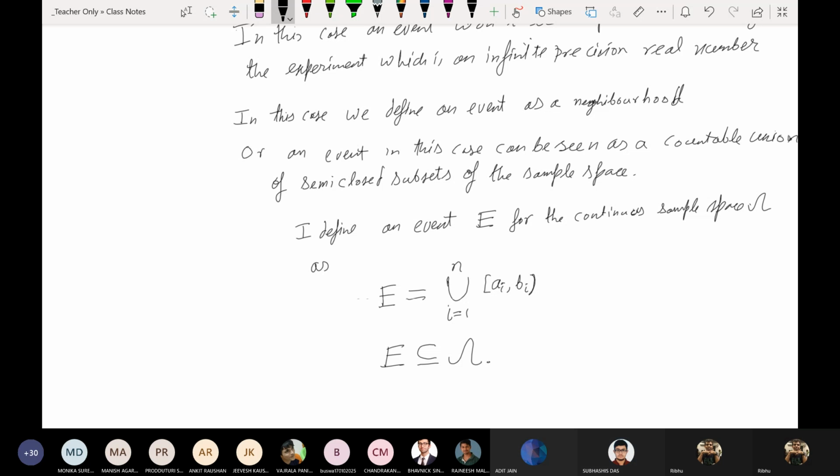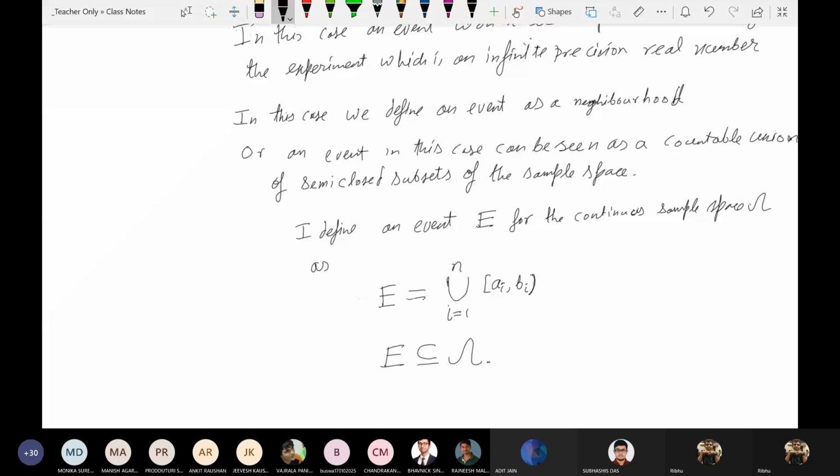These A_i and B_i may or may not be non-overlapping, but there exist conditions where these subsets have to be non-overlapping. Like yesterday, we discussed the probability spaces of F_i and F_j. So we discussed the properties of the probability operator, or that probability measure.